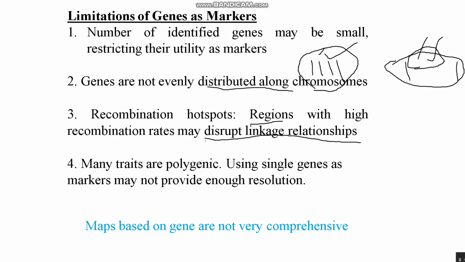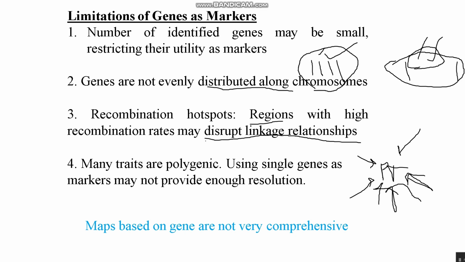Many traits are polygenic, meaning that one phenotype or trait is controlled by different genes. So we cannot determine the location of a gene by checking the phenotype of a trait, because a single gene is not the only one present in the trait.